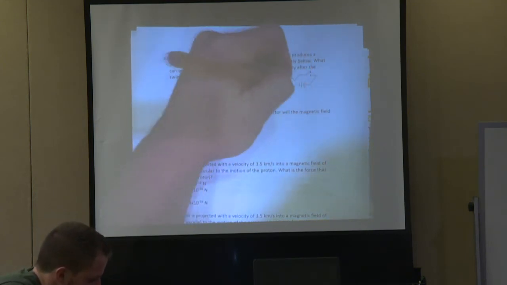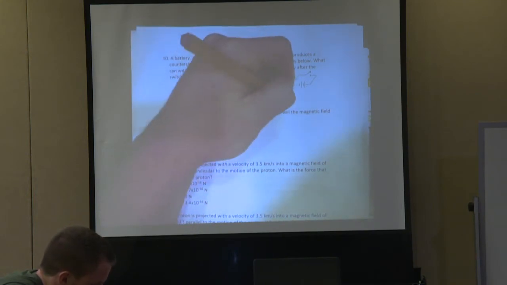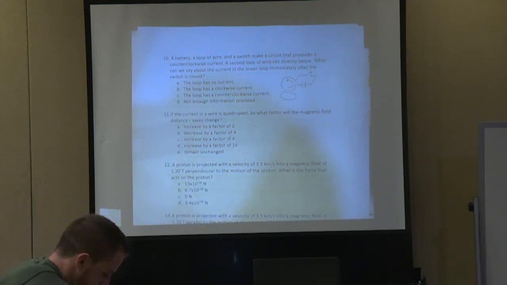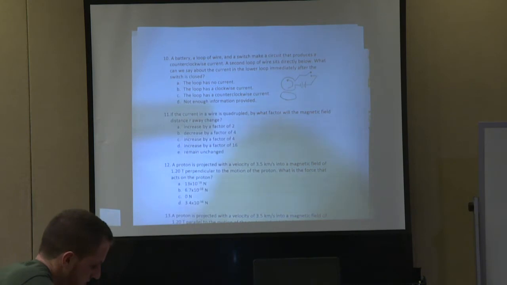So that's going to produce a counterclockwise current. And then you have a second loop sitting right below it. And that is going to produce a clockwise current.